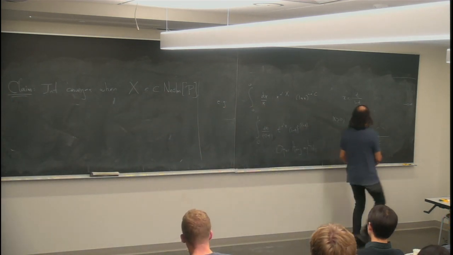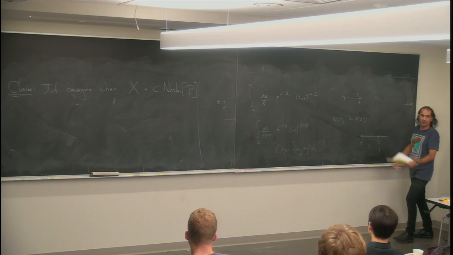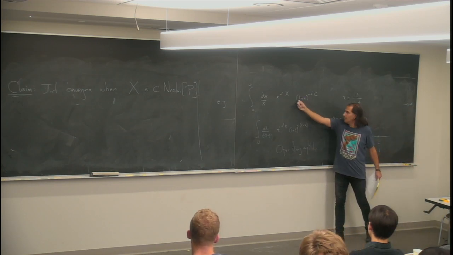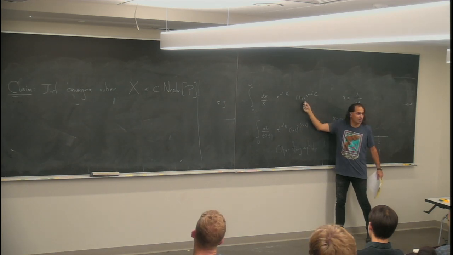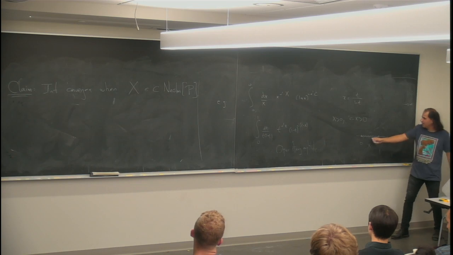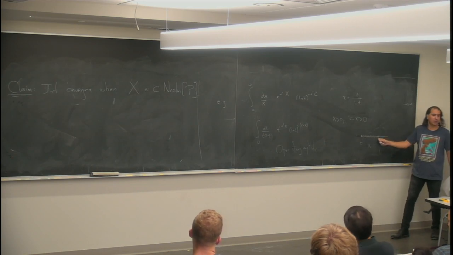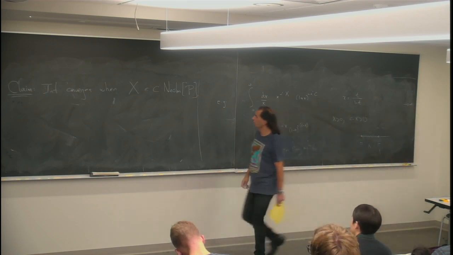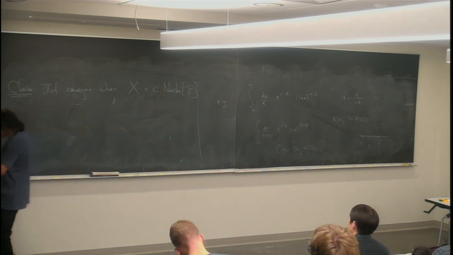The Newton polytope would have just been the interval 0 to 1. The Newton polytope of this guy would just have been the points 0 and 1, so just the interval 0 to 1. And so that's what we see. X has got to lie inside C times that Newton polytope in order for the integral to be convergent. Okay? So this is true more generally.